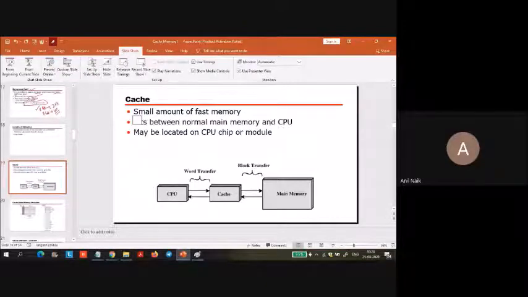It means the response time is very fast. Okay, so this concept is very important.